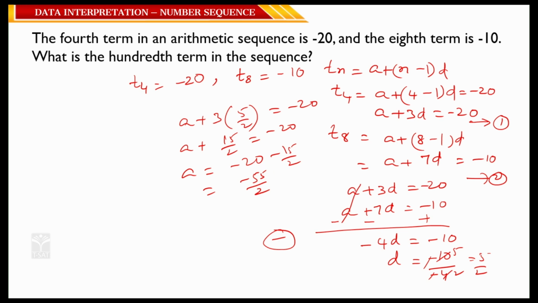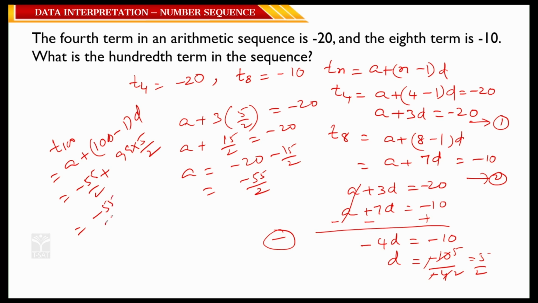Now, we are going to find the value of the 100th term. T100 is required. What is T100? a plus 100 minus 1 of d. a is how much? Minus 55 by 2 plus 99, and d is how much? 5 by 2. Okay.